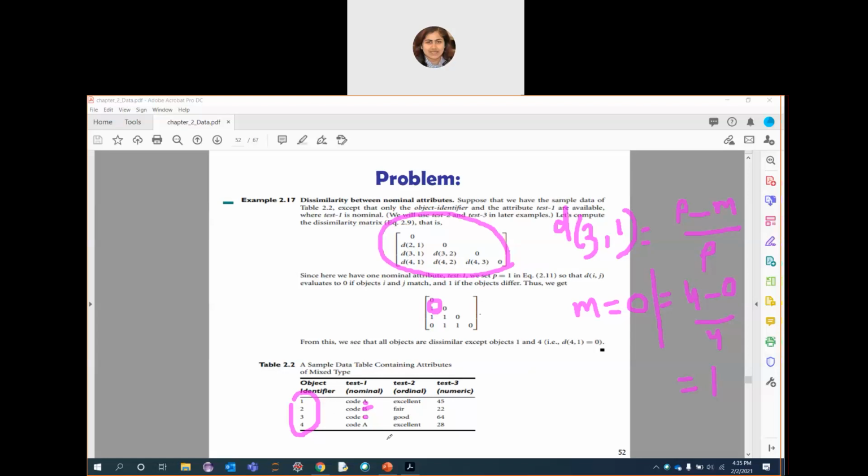They are not equal. So is there a match? There isn't a match, so M will again be 0, and again 4 minus 0 divided by 4 will be 1. So d31 is 1 as well. Like that you can calculate the dissimilarity, proximity or distance between all the different nominal attributes in this way.